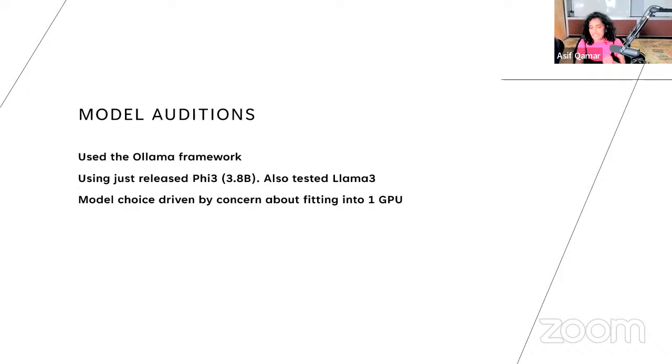We started with Llama 3, but we weren't sure if we were going to run into memory issues. Then Phi-3 got released around the same time. It's only 3.8 billion parameters, and we found it was good enough. It's actually very good. So we thought we'd start with the Phi-3 model. Largely the concern was 1 GPU: how do we make it fit?